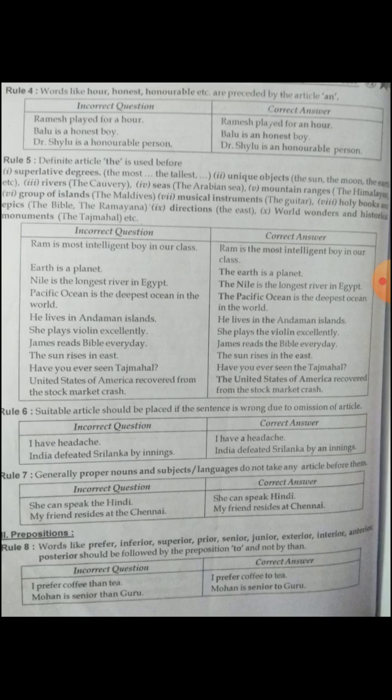Next one, rule number 5, the definite article the. So where do we use the? Before superlative degrees: the most, the tallest. One of the unique objects: the sun, the moon, the earth. Rivers: the Kaveri. Seas: the Arabian Sea. Mountain ranges: the Himalayas.